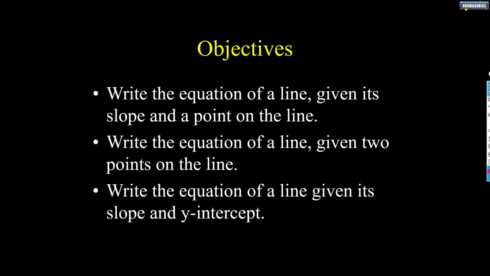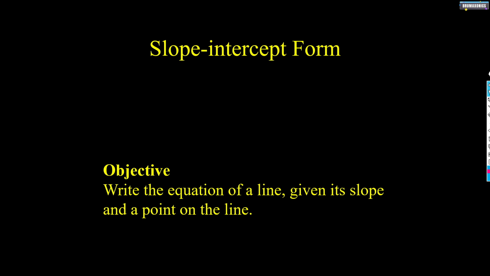I think we've done that with AB, remember. Write the equation of a line given its slope and also the y-intercept. So you have to think about these objectives and how you can approach the questions when you get to your examination. And as I said, we are going to go through the questions that you might actually get in your exam.